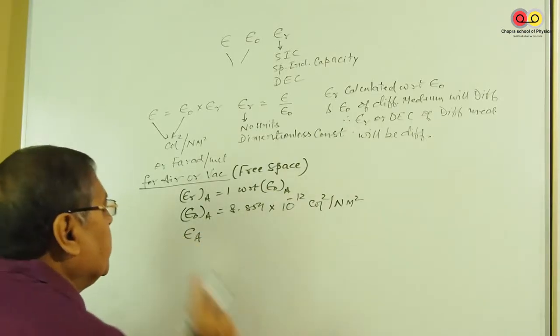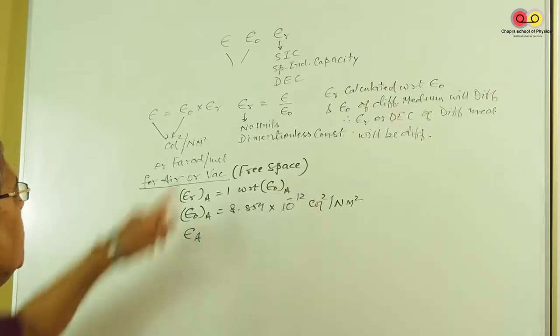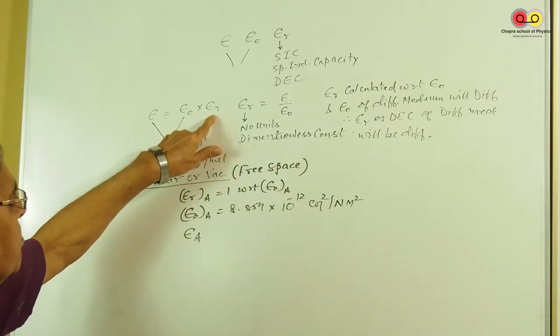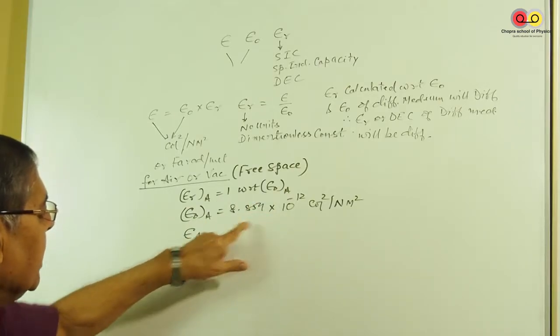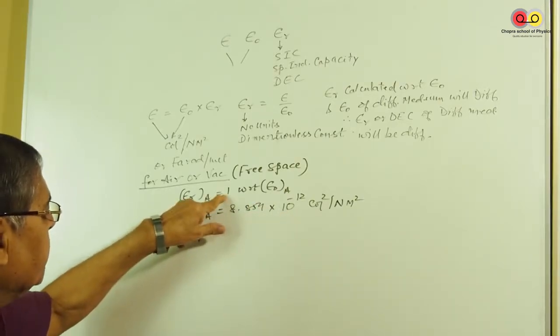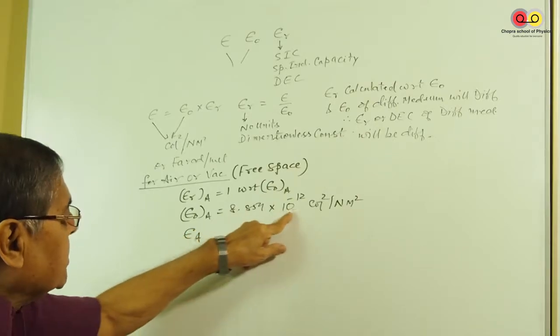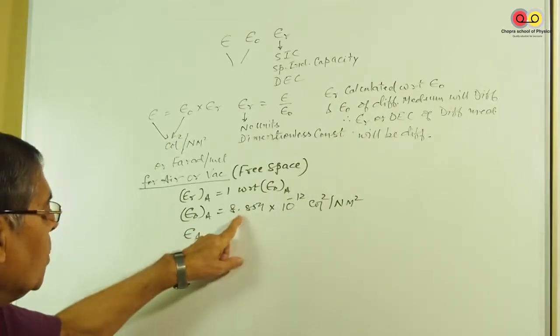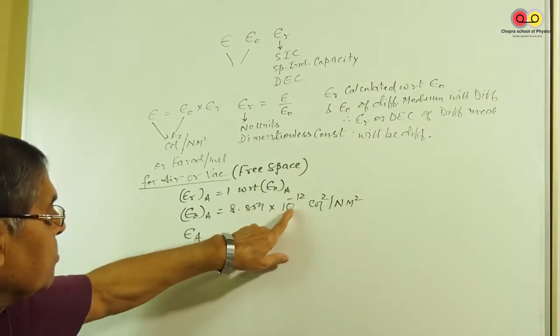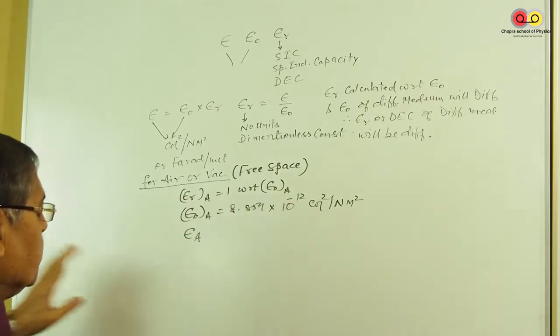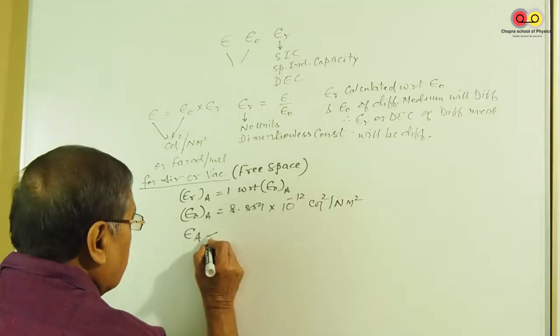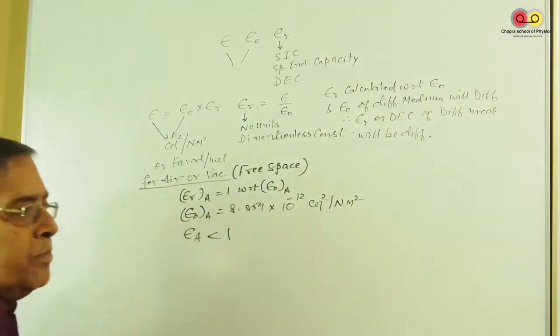What is the formula of permittivity? The product of the two numbers. If you multiply this number by 1, you will again get the same number. And if you observe this number, it is of the order of 10 to the power minus 12. Obviously, permittivity of air is less than 1.